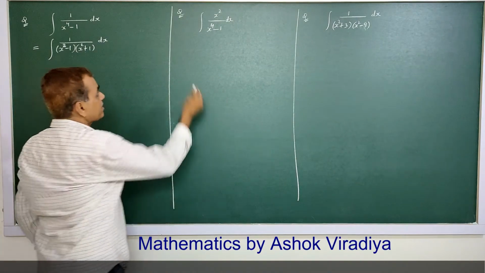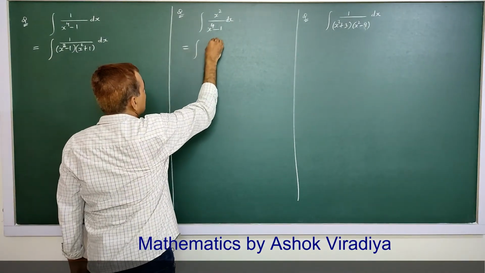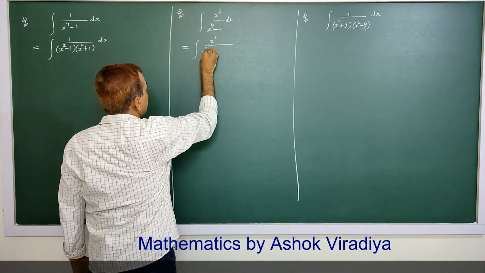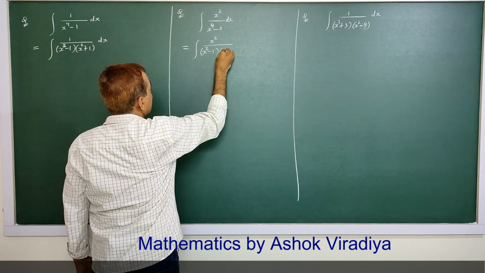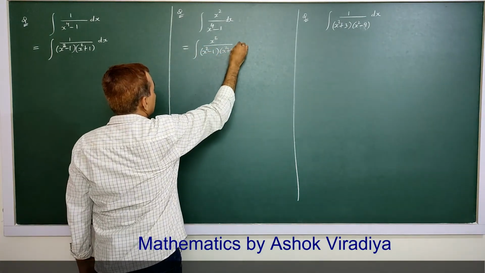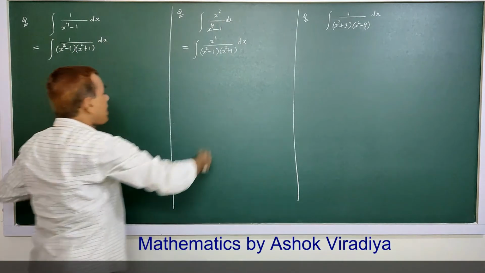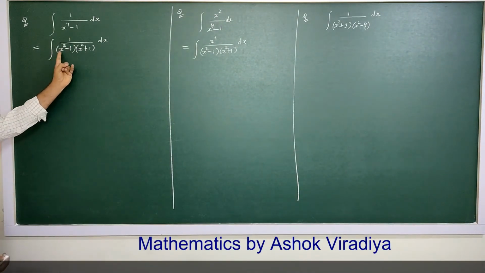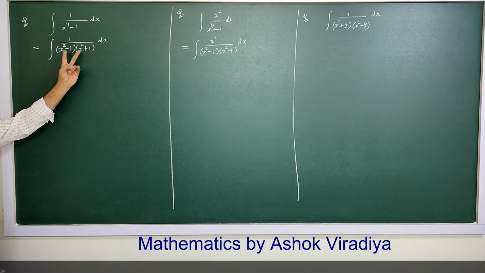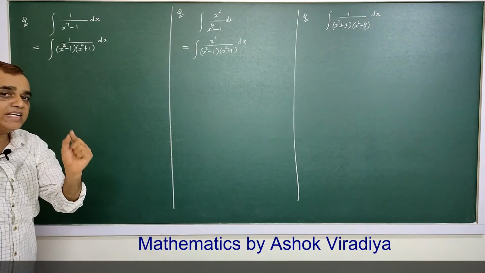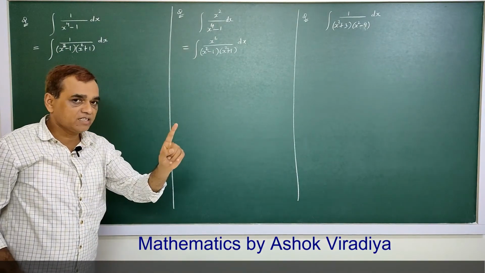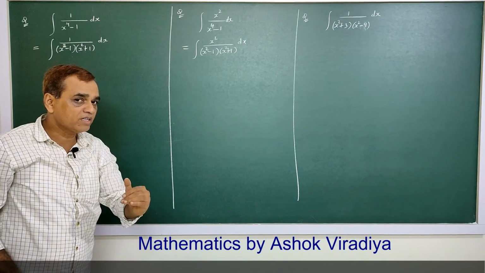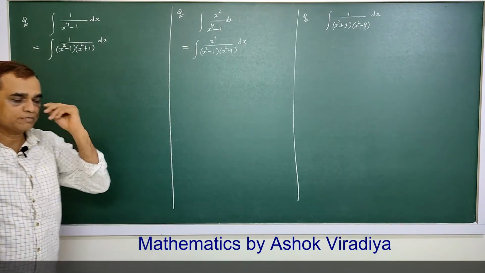The same denominator is here: x square upon x square minus 1 into x square plus 1. Showing these two in parallel. Say everywhere x square. In the denominator, both factors are quadratic factors containing x square only. No x in the denominator, no x in the numerator.